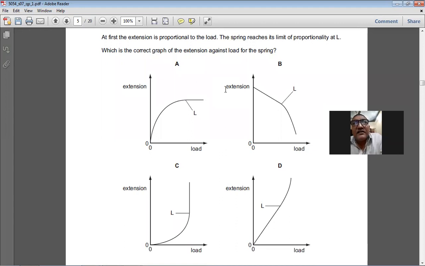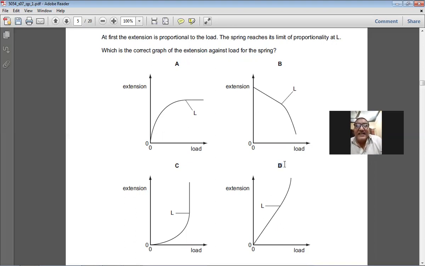So let's check. Here, as you're increasing the load, the extension is becoming smaller and smaller. Before the limit of proportionality, the extension and load should be directly proportional to each other, so the graph should have a positive and constant gradient. And after you have crossed the limit of proportionality, the graph should bend upward.